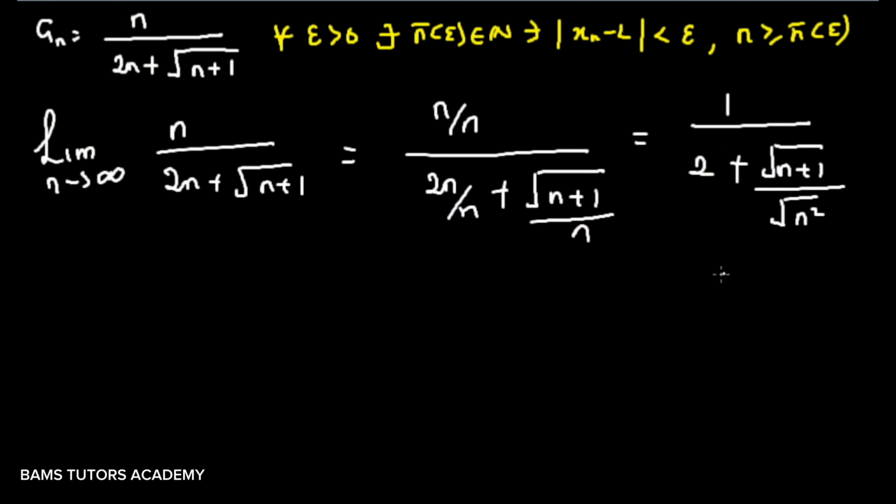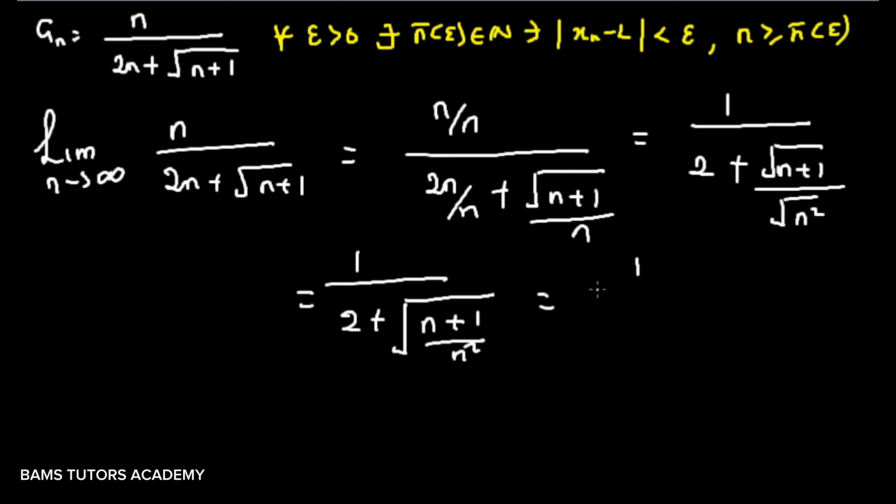The square root of n squared is the same thing as n. So this is equal to 1 over 2 plus the root of (n plus 1) over n squared.